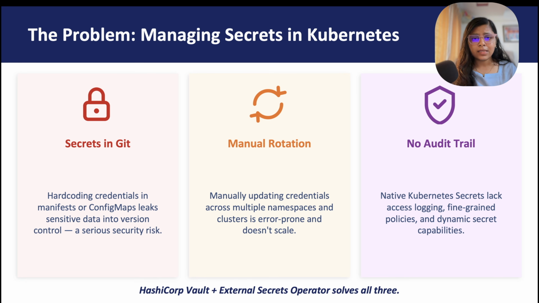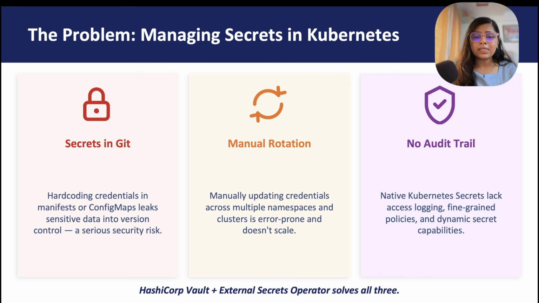And with them, if we try to store the secrets as well inside of Git, then it is going to cause a security breach because it is not advisable to store sensitive data inside of version control. Because even if we delete or remove those secrets, they are still stored inside of the previous commit. So it is not advisable to store secrets in Git, right? So that is one reason.